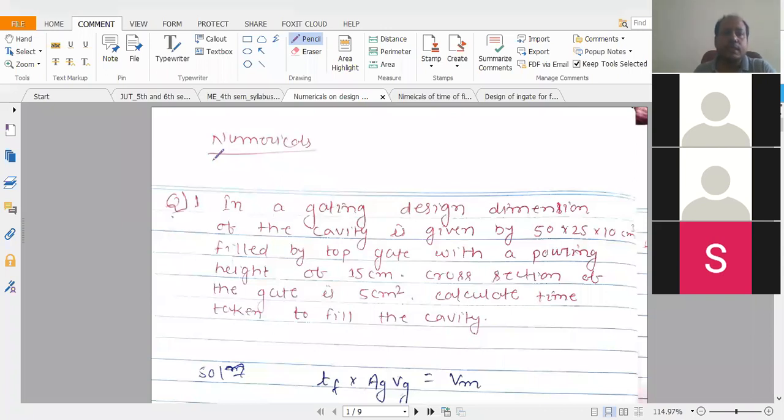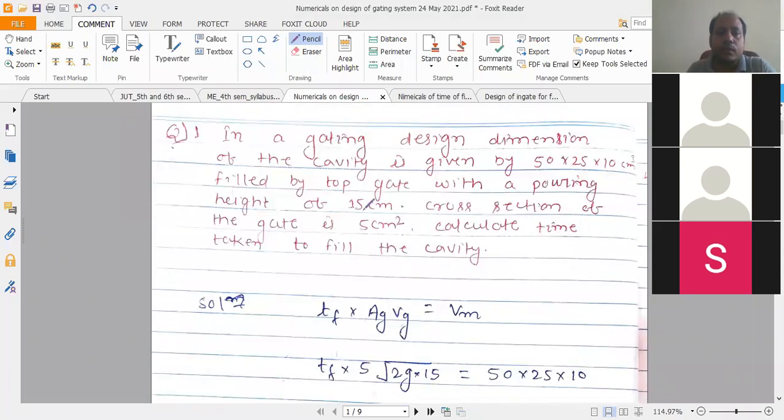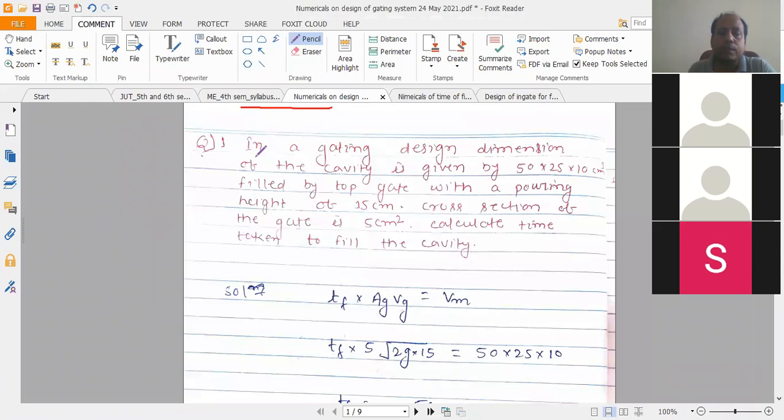So the first question is: in a gating design, the dimension of the cavity is given as 50 by 25 by 10 centimeter. This is the dimension of the mold cavity filled by a top gate.